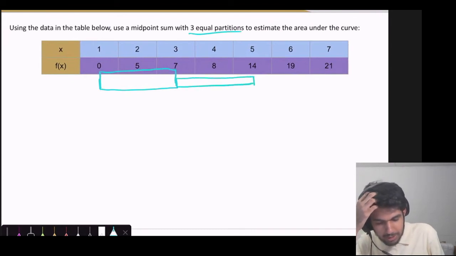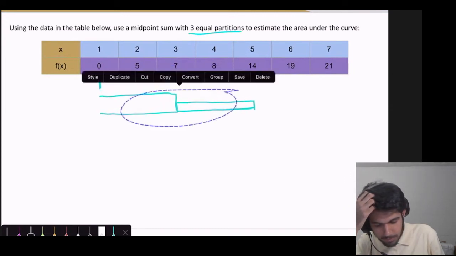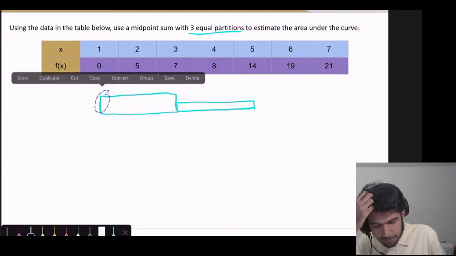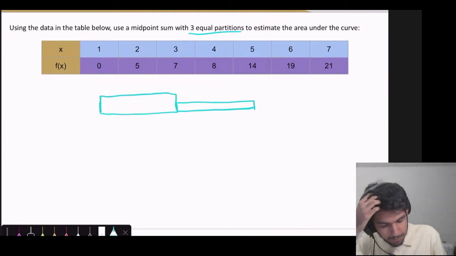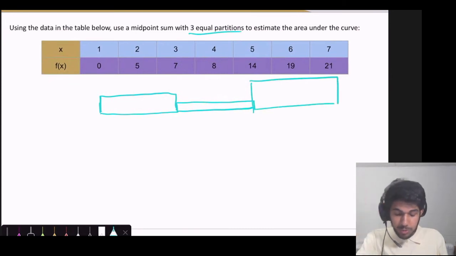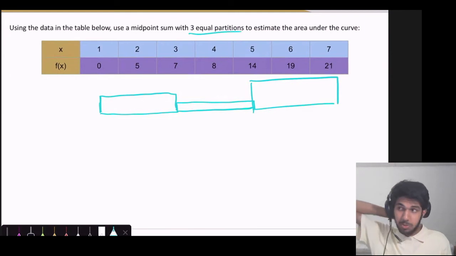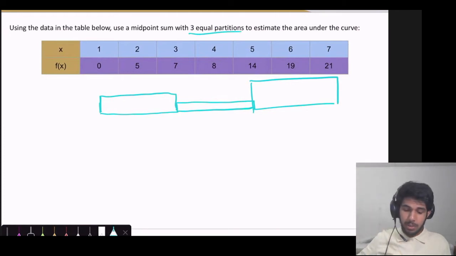Maybe it looks like that. And then the last one can go from 5 to 7. Right? And we have 3 equal partitions. Each one has width 2. And that would perfectly work.